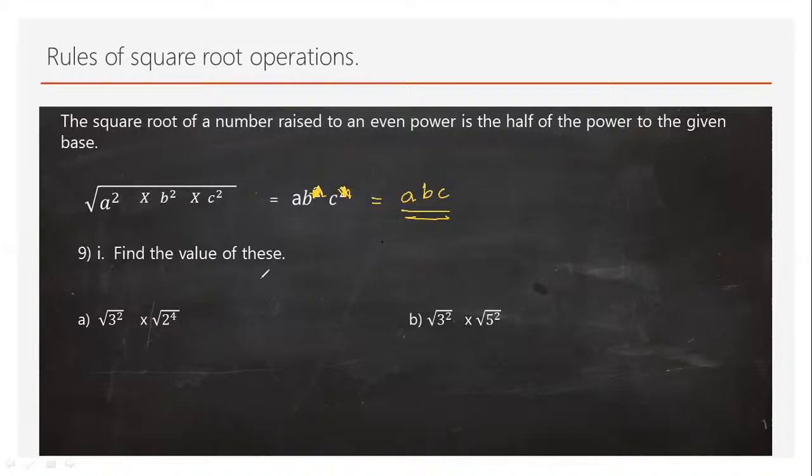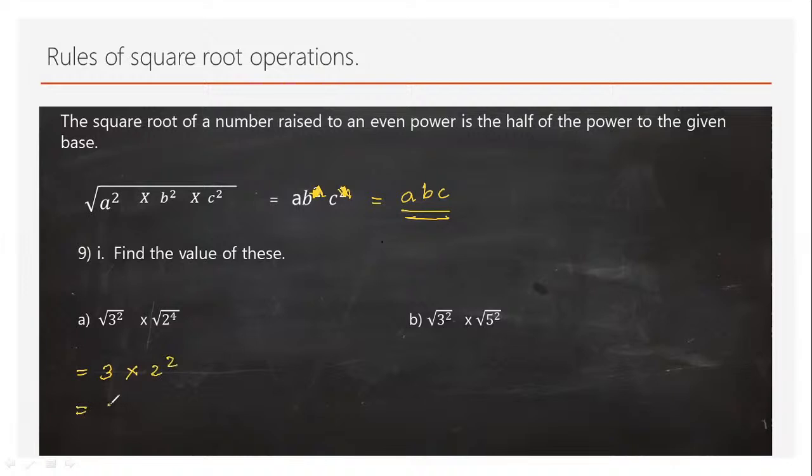Find the value of these, right? Find the value of this, so it is easy for you. 3 to the power 2, then you can write this is even power 2 divided by 2, and then 3 only, right? Into 2 to the power 4, that is the power 4 divided by 2, that is 2, then 2 to the power 2 remaining.